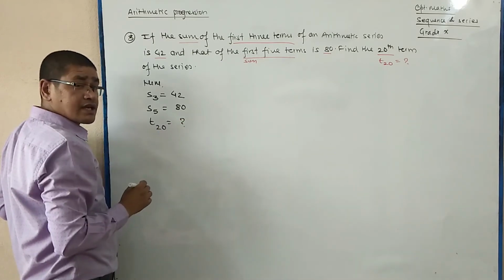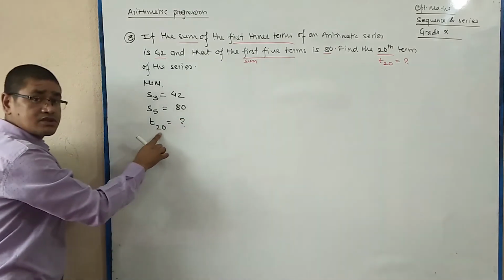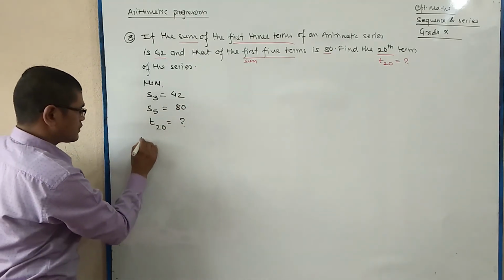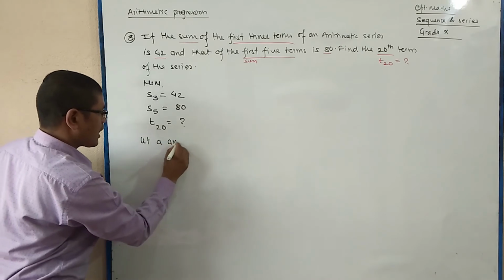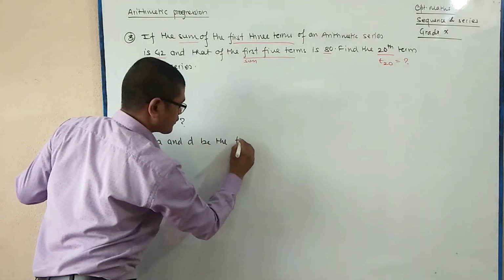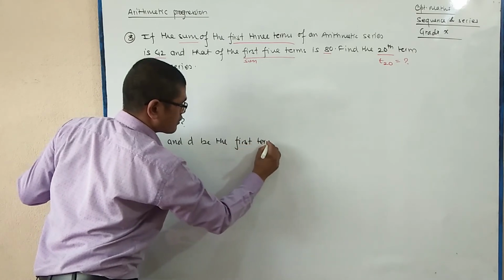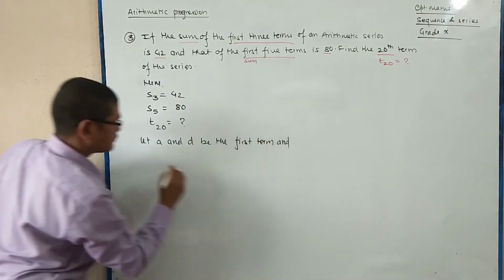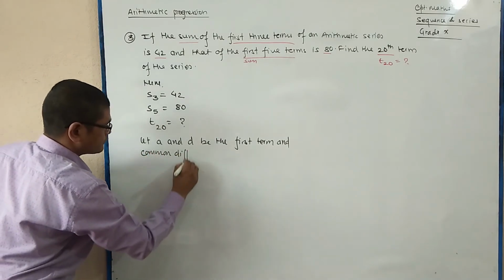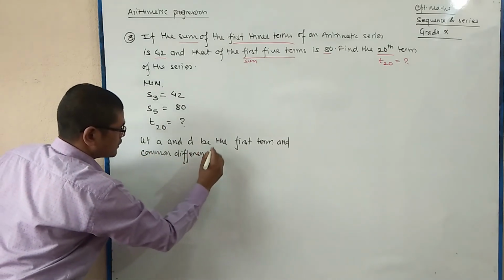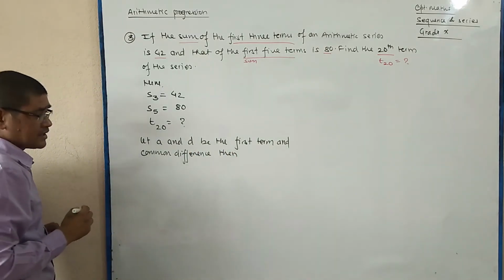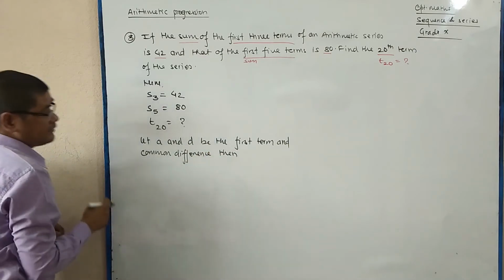If we calculate a and d, n is given, so we can easily get the value of the 20th term. So let a and d be the first term and the common difference respectively.